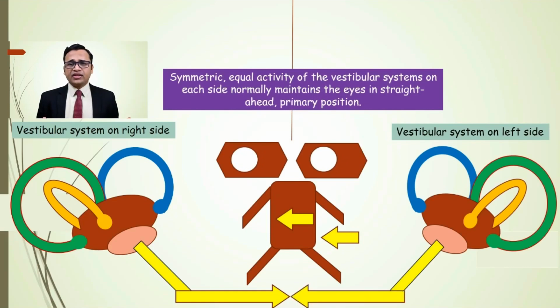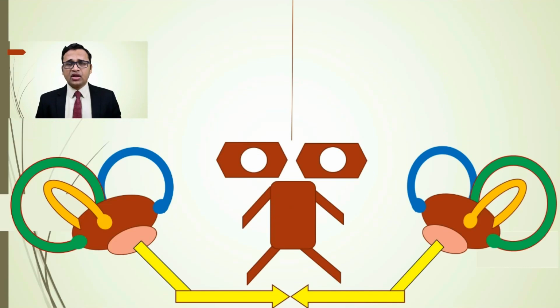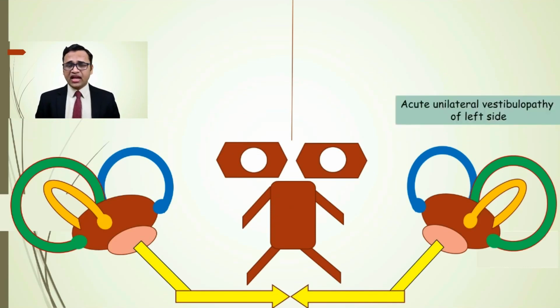Symmetric equal activity of the vestibular systems on each side normally maintains the eyes in a straight ahead and primary position. Now let us see what happens in acute unilateral vestibulopathy.